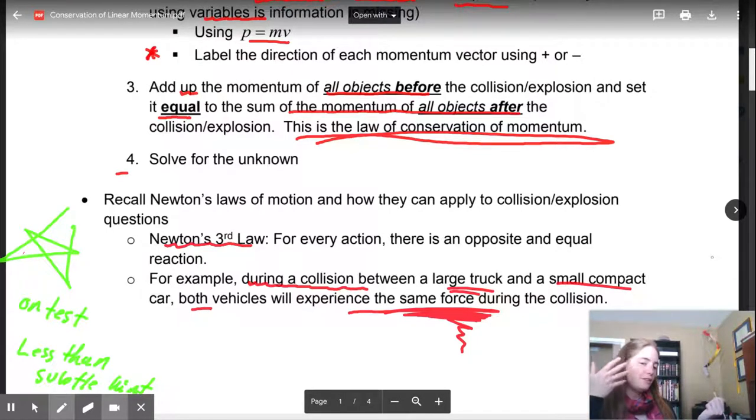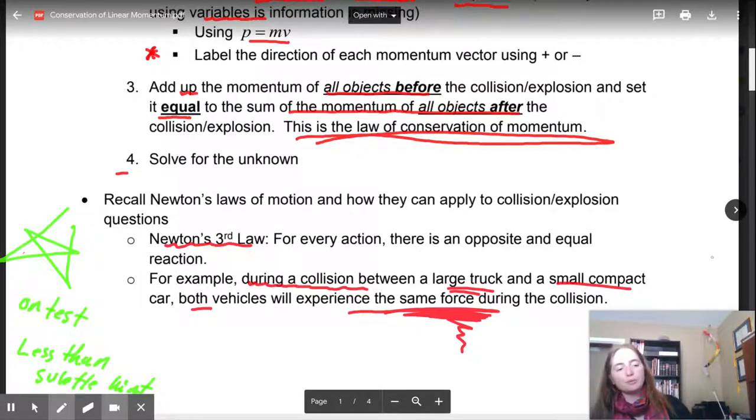Both experience the same amount of force because of this law, but the small vehicle is less equipped to handle that same size of force. Less than subtle hint, this is where you're going to find your theory questions for this.